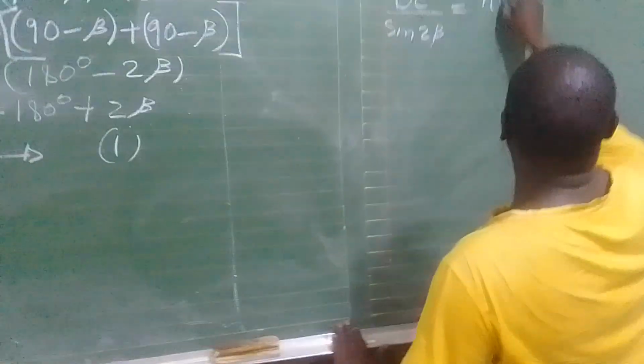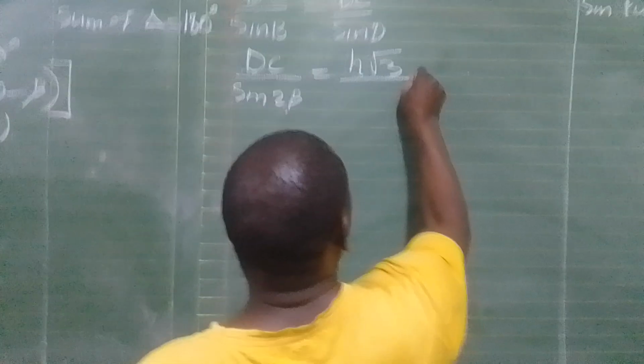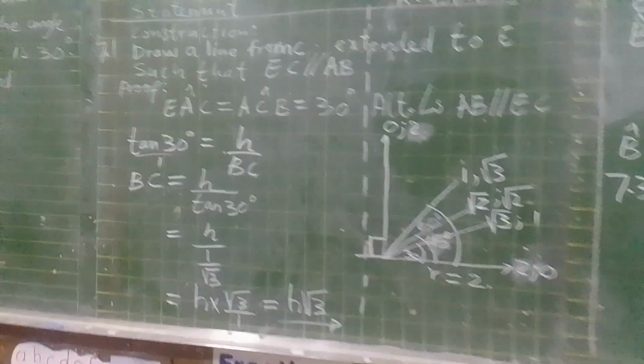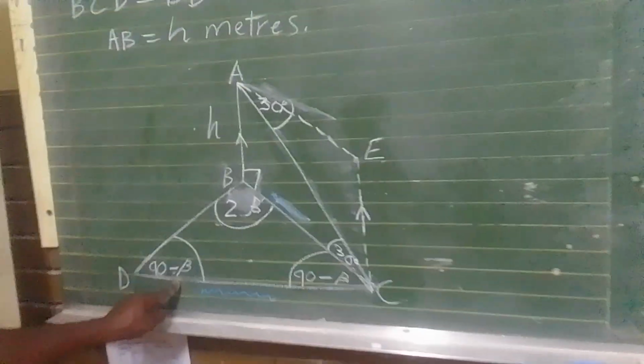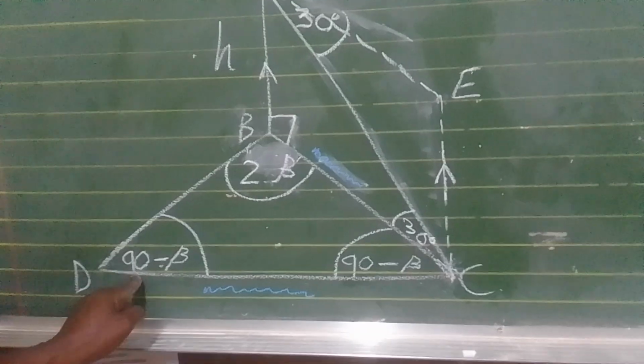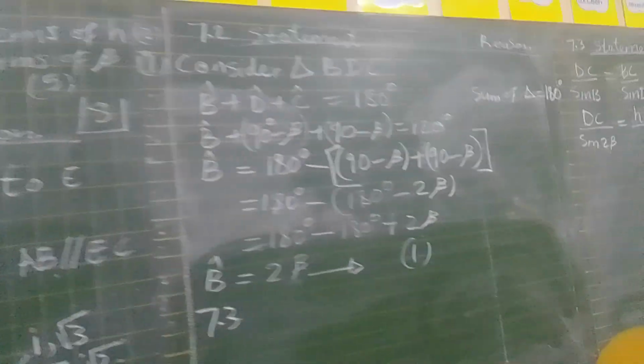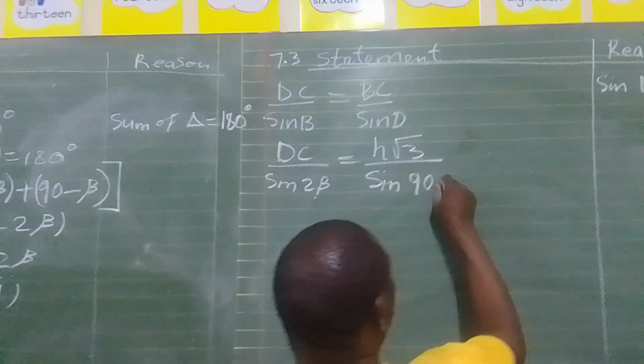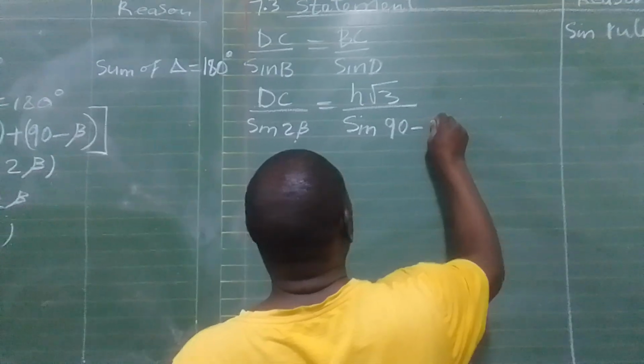So BC is h root 3 over sine D. We are coming to check D. Our D is 90 minus beta. So we are going to say sine of 90 minus beta, that is sine D.